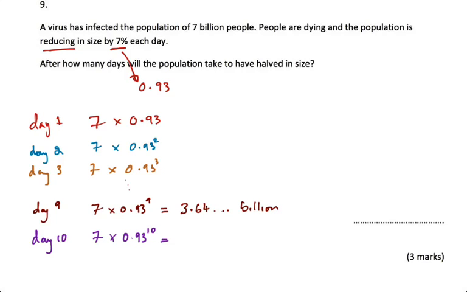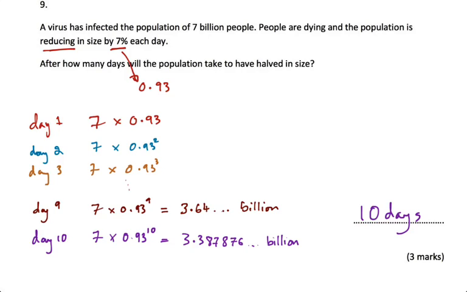And after day 10, you end up with 3.38786 billion people. Okay? So, we're looking for how long it takes for the population to halve. So it halves somewhere between day 9 and day 10, because we're looking for when the population becomes about 3.5 billion. So it's definitely halved after 10 days. So we say it will take 10 days for the population to halve.